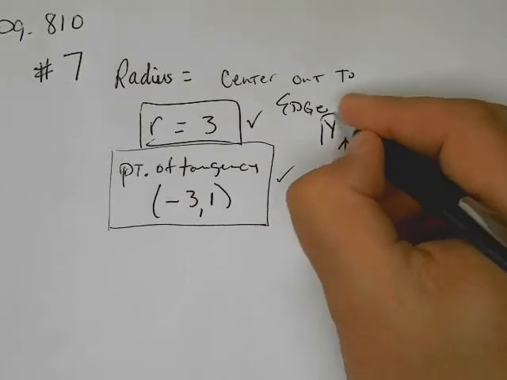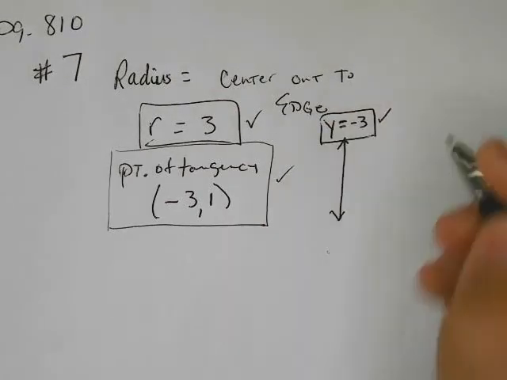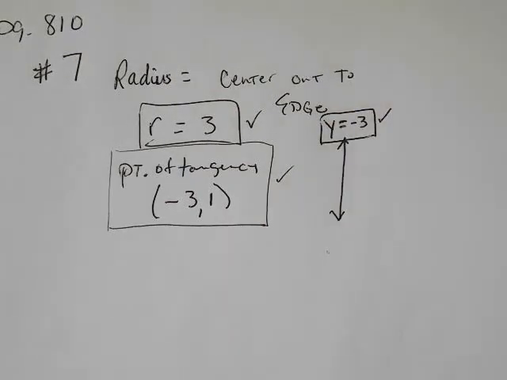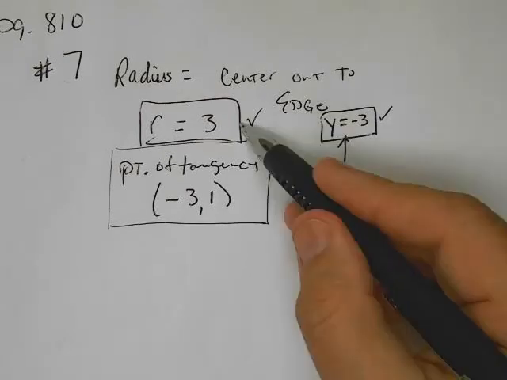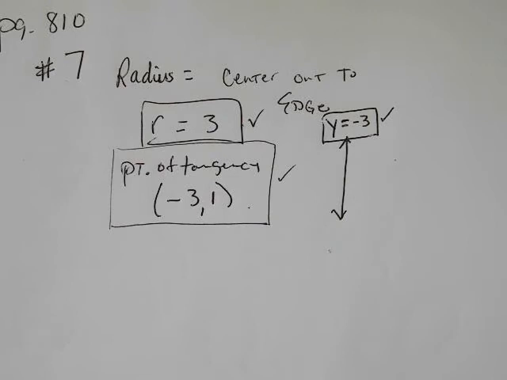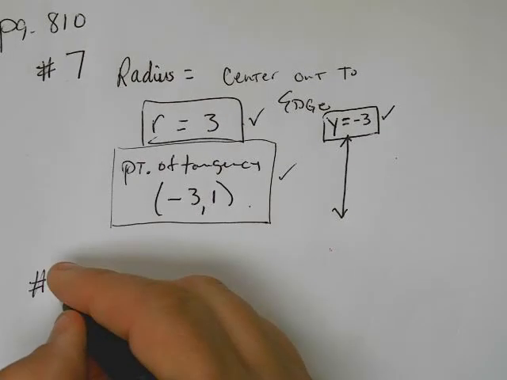And so the equation of the line is y equals -3. It would be the other way. If it were a horizontal line, it would just be x equals. Okay. All right, questions on number 7? That's it. We had to find those 3 things. Good? Okay. Let's go down to number 10.